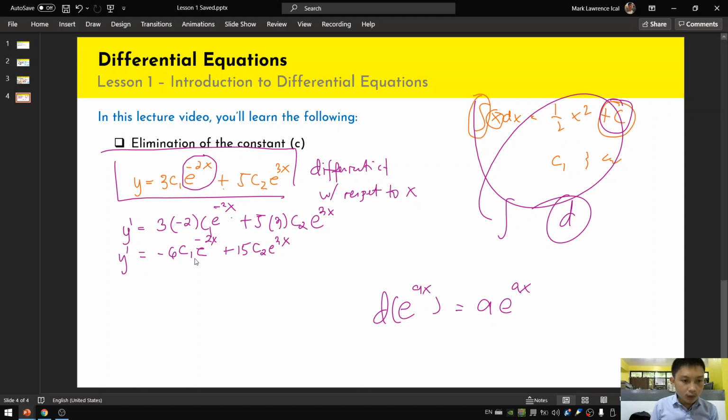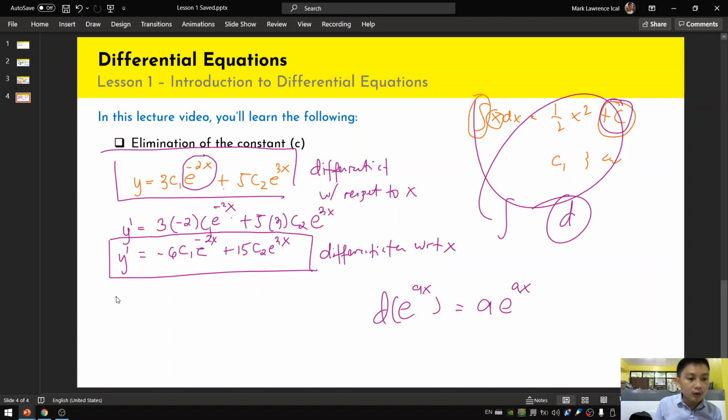Now we have two constants, so we're going to differentiate this term twice. So we have y prime, so again we're going to differentiate with respect to x again.